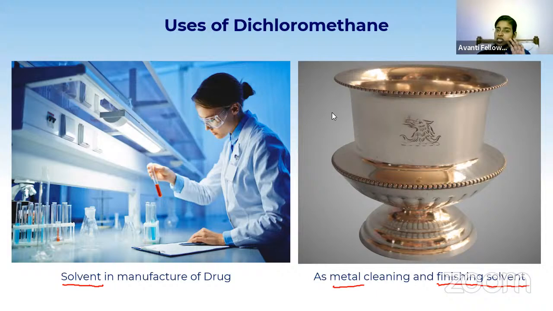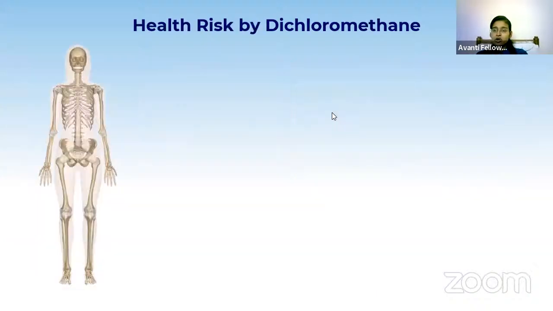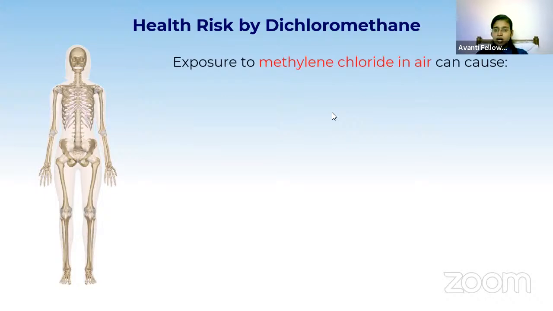Even though it has some uses like this, it also has health risks, which means the disadvantages. When you get exposed to methylene chloride, which is nothing but dichloromethane, in air, it can cause impaired hearing and vision. It will damage the ear and eye.